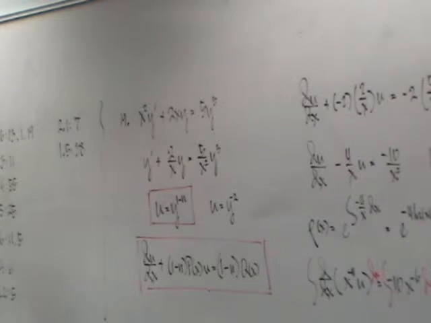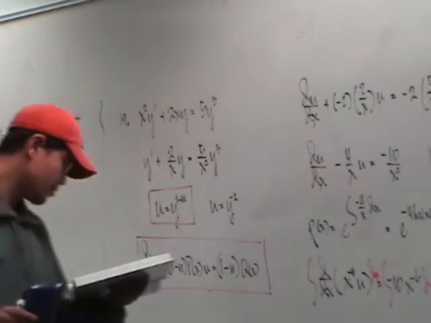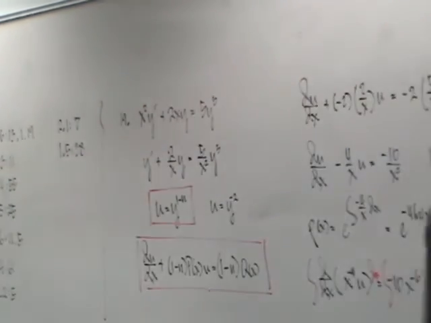Let's look at 2.3, number 11 now. 2.3 is the acceleration velocity model.